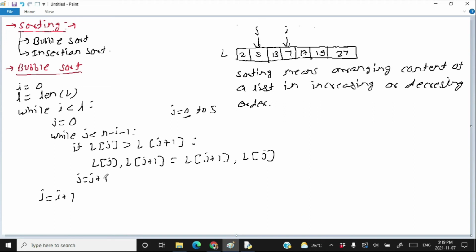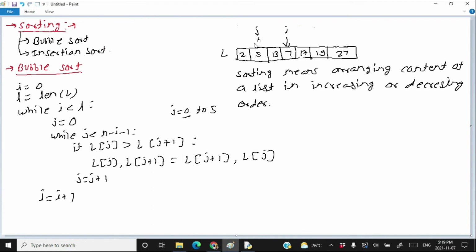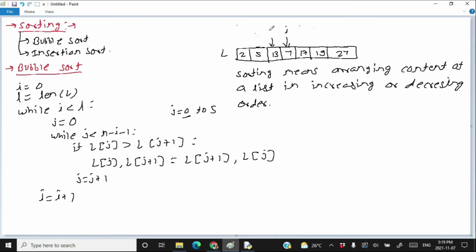If Lj is found greater than Lj plus 1, then swap, otherwise do not swap. Next you increase the value of j to here. The value of j goes to 13, and here the loop comes to an end. Okay, next you increase the value of i.